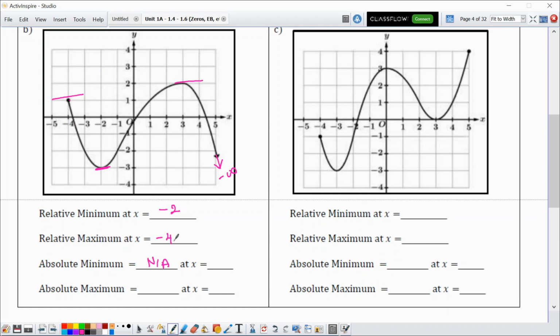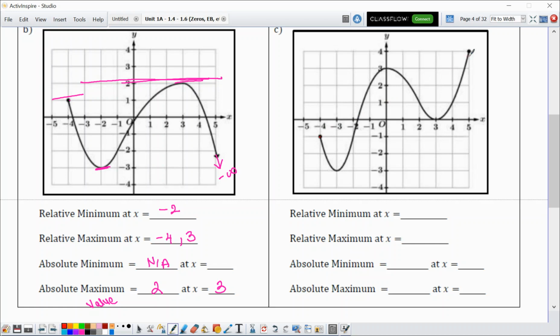One is at negative 4, another is at 3. Now, out of these two maximums, which is the greatest? Clearly you can see that one is the greatest, so the value is 2 at x equal to 3.